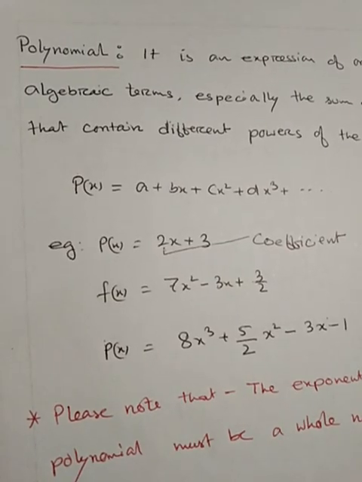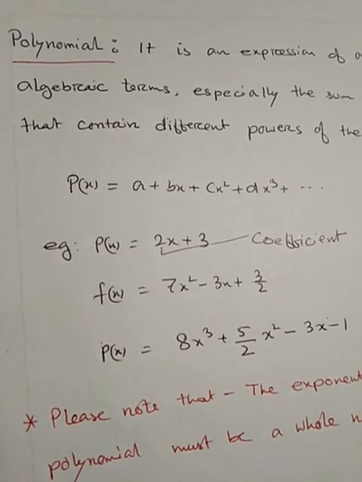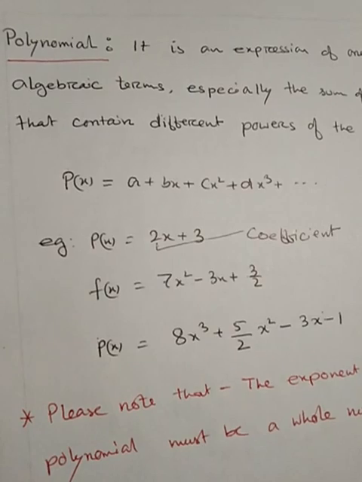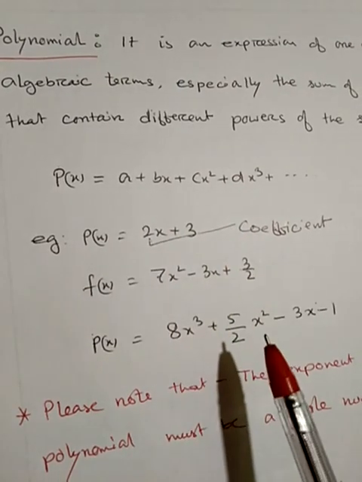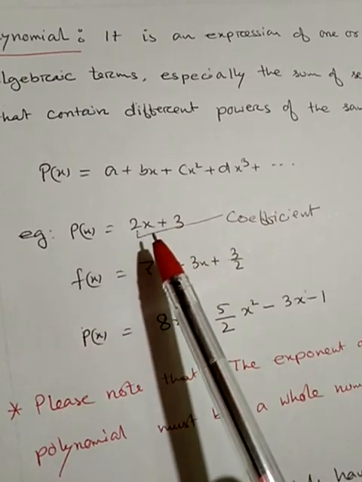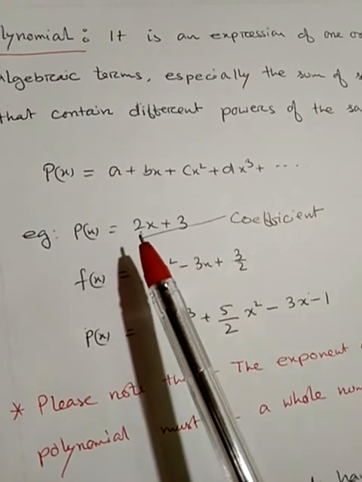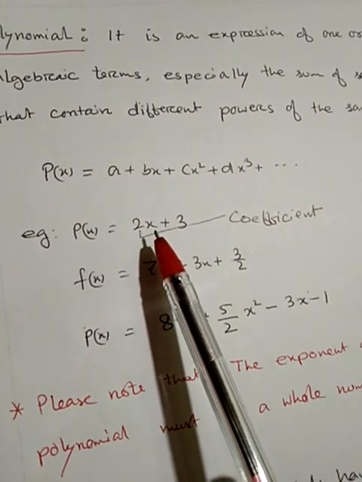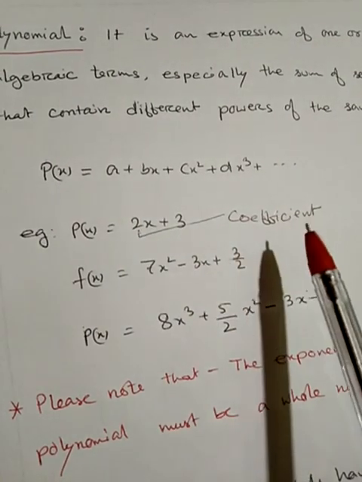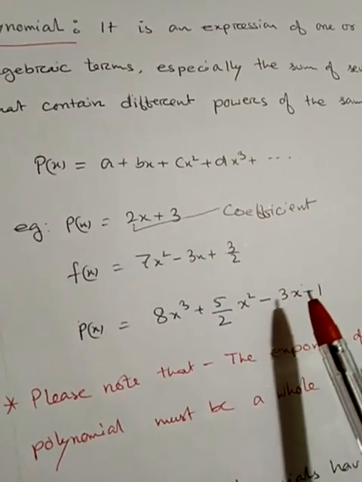So in today's class we have learned about polynomial and its definition along with different examples of polynomials. Here each part is known as one term and the number with the variable is called the coefficient and the lone number is the constant.